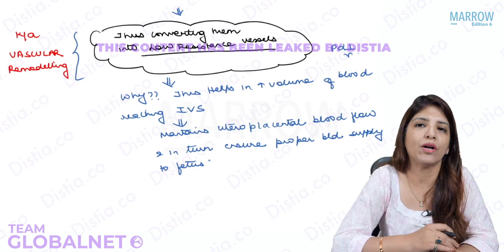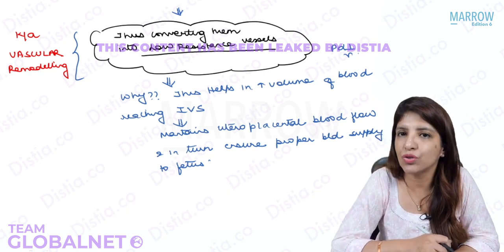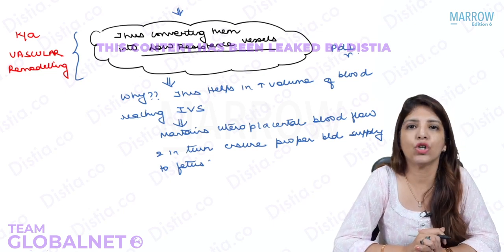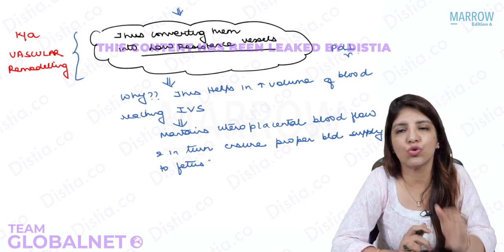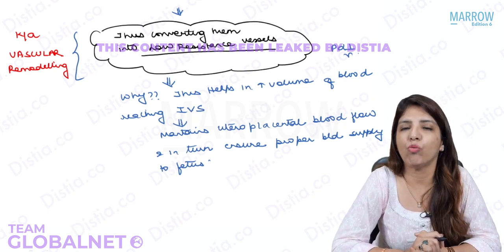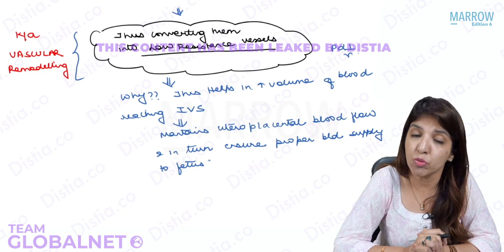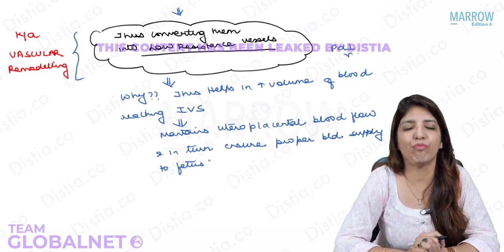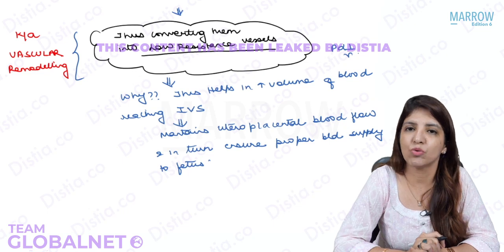Why do we want to convert these spiral arteries into low resistance vessels? So in order to understand that, I hope you remember the laws which you did in class 12 physics. One of the laws was that pressure and volume are inversely related, which means that if the pressure is high, the volume of blood coming to the intervillous space will be less.